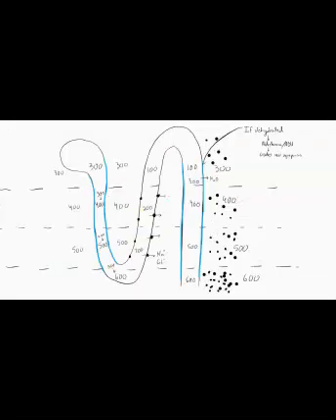A little bit about the vasa recta. The vasa recta will help preserve the gradient. On the way down, water exits and salt enters, and then on the way up, water re-enters and salt will leave. So the net effect is that solutes will stay in the medulla and water will be recovered.